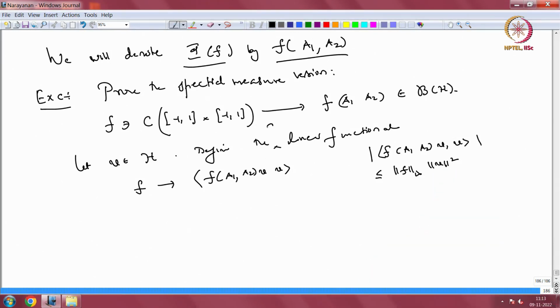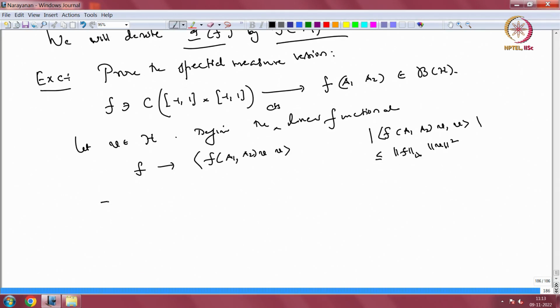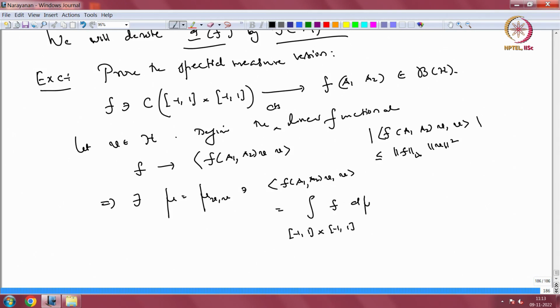So, this is continuous, and so there exists a measure, right. So, this implies there exists a measure mu, which we will call mu v v, such that the inner product of f of a1 a2 v with v is equal to the integral over minus 1 1 cross minus 1 1 of f d mu v v, right.